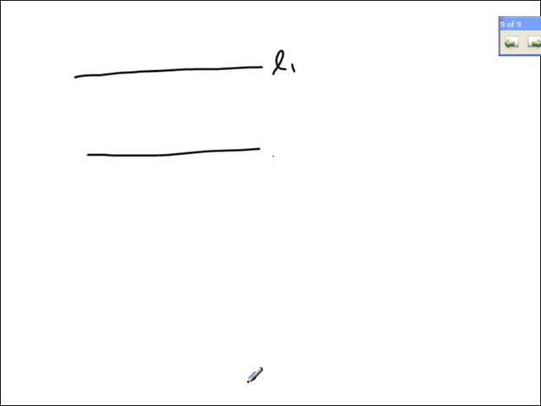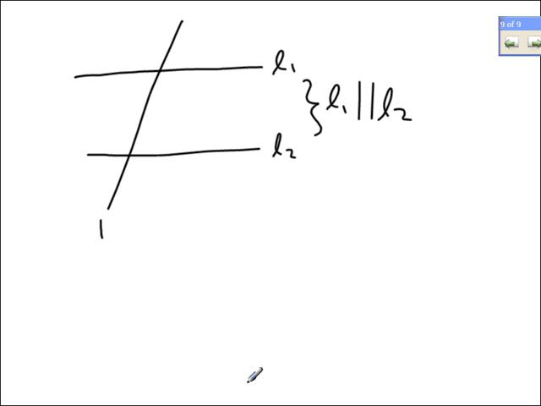You have line 1 and line 2, and you come to know, probably because it's given, that line 1 and line 2 are parallel, and it is cut by a transversal. What is true is alternate exterior angles are equal, and alternate interior angles are equal, and corresponding angles are equal.